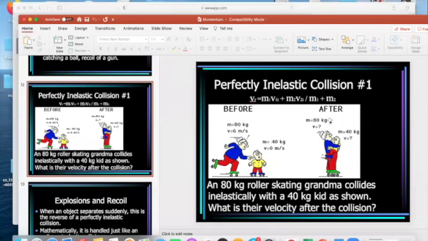So their masses didn't change. So technically, we didn't really need to put initial and final for the masses because they didn't lose weight while they were doing this exercise. So masses are the same. The only thing that changed was their velocity because they collided together.